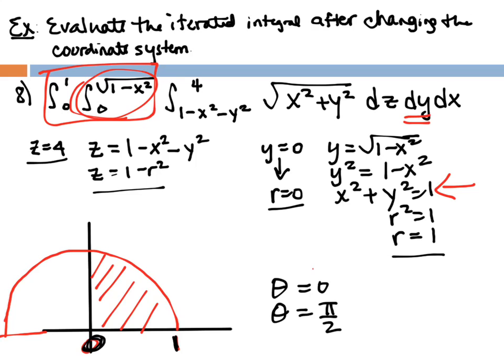All right, so we can set up this triple integral now in the cylindrical coordinate system. We said 0 to pi over 2 for my limits on theta. My limits on r were 0 to 1, and then the limits on z were from what?